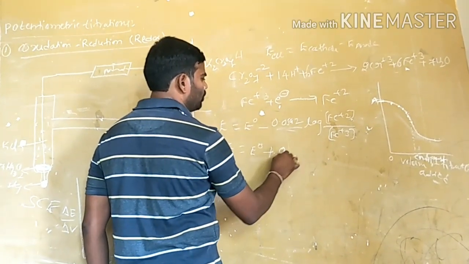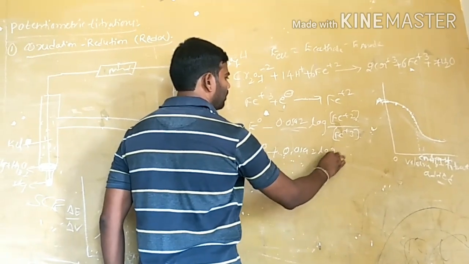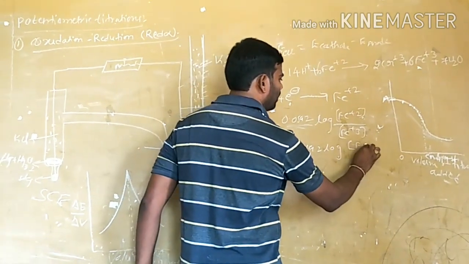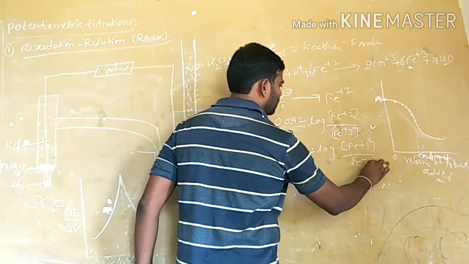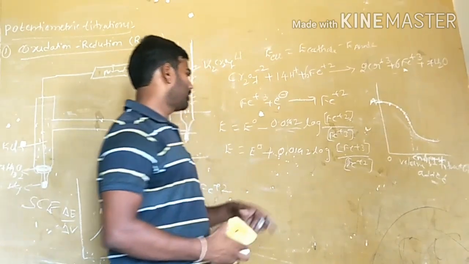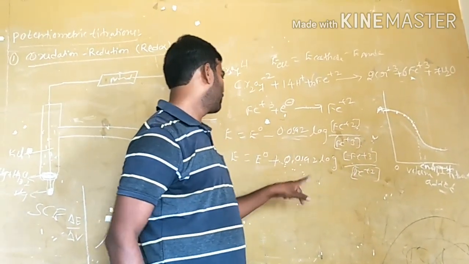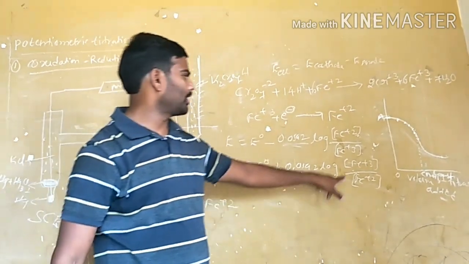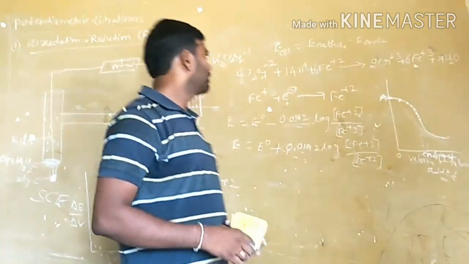I am writing it as positive, 0.0592 log, changing it to Fe plus 3 by Fe plus 2. That's why I am changing the sign here by swapping the numerator and the denominator. Now the potential of this single electrode depends on the concentration of Fe plus 3 by Fe plus 2.